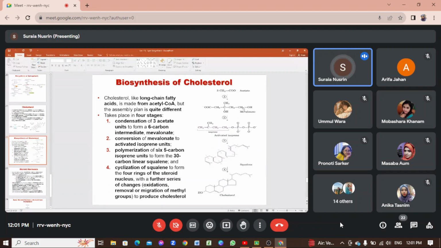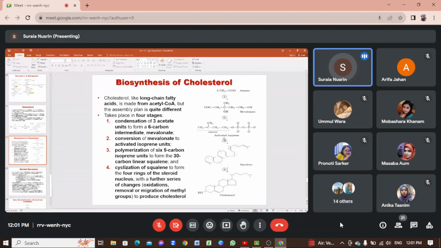Mevalonate has 6 carbons, and when it is activated, 1 carbon is released, and that gives rise to the isoprene. It is activated by ATP. If you look at the structure, 2 phosphate groups are added, and that is coming from ATP, which is not shown here. So activation is done by ATP. So that is the isoprene.